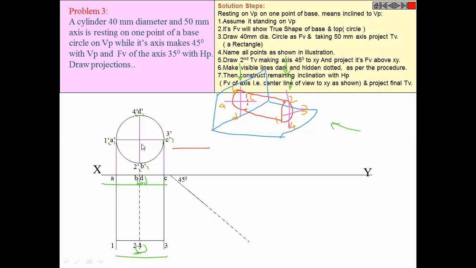So now it is told that it is making a 45-degree angle. So we will draw one 45-degree line, and then we will copy paste this same as it is. We have just copy pasted it at 45 degrees. Nothing is changed.